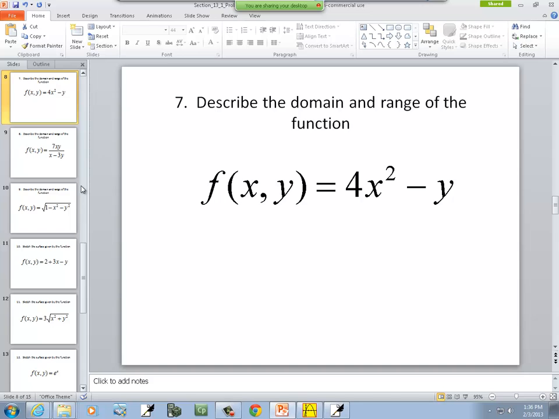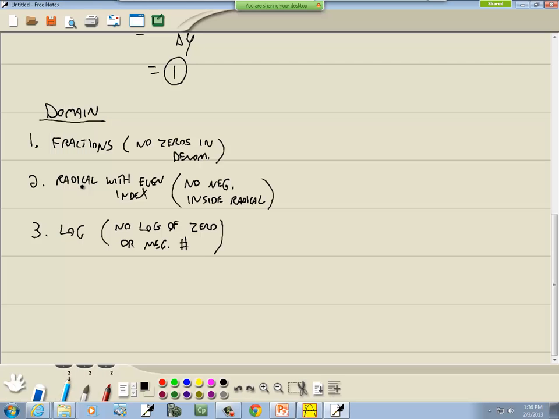So let's look at our first one here. We've got f of x, y is equal to 4x squared minus y. Now if I think what are possible values I can put in for x, y? Well, there's no fractions here, there's no radicals, no logs, no trig functions.